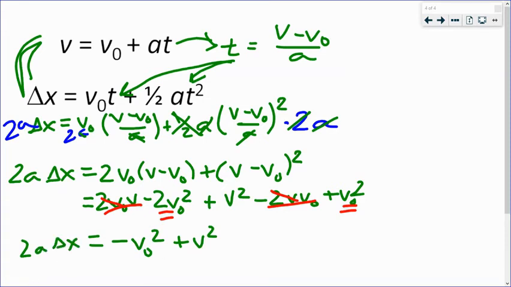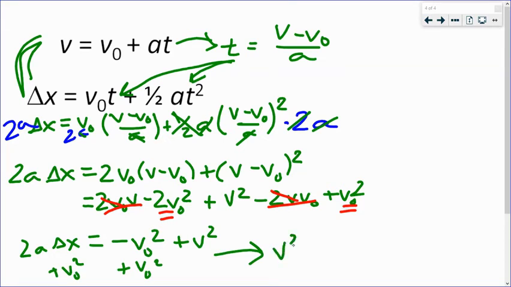Okay, we're almost done. The only thing that we change about this is that usually we have this equation solved for just v squared when you see it written down. So all we have to do is add v0 squared to both sides. Okay. And I'll write our final version over here.